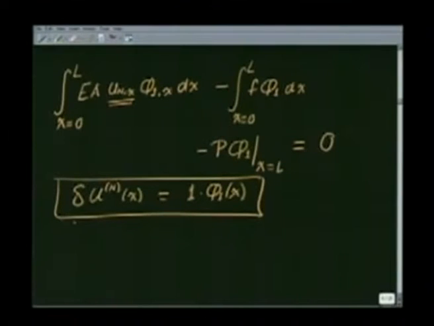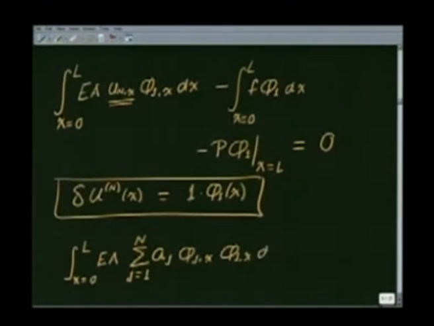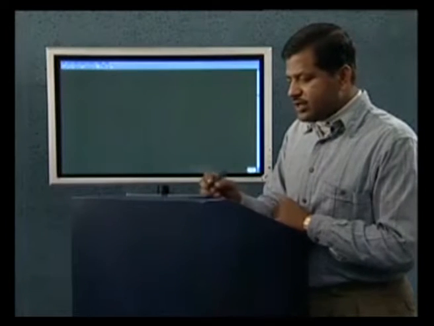So what we'll do is when we put it there, you'll get integral x is equal to 0 to L Ea sigma j is equal to 1 to n aj phi j comma x phi 1 comma x dx minus integral x is equal to 0 to L f phi 1 dx minus p into phi 1 at x equal to L. So let us now take the summation out.